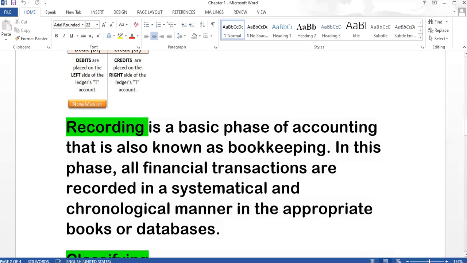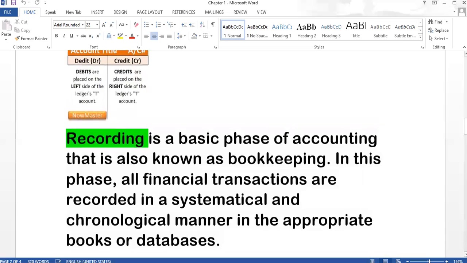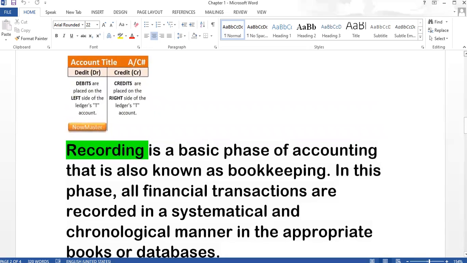Now, when I explained to you about business transactions, these have to be recorded in a systematic and chronological manner. We just cannot remember what we are buying or what we are selling, and it has to be recorded.